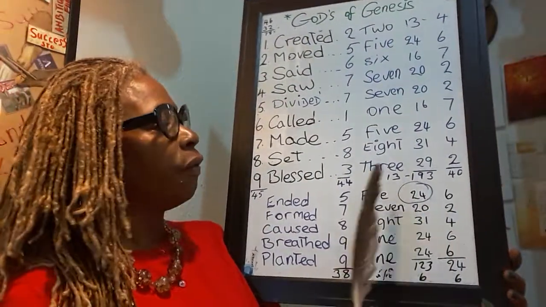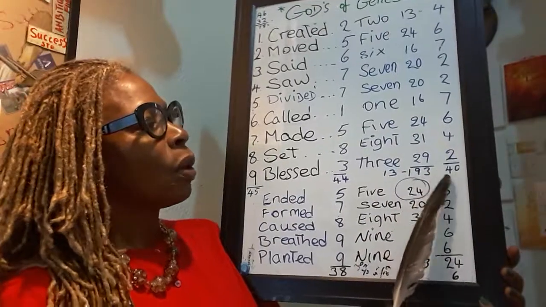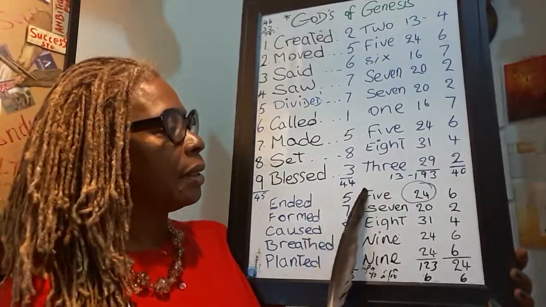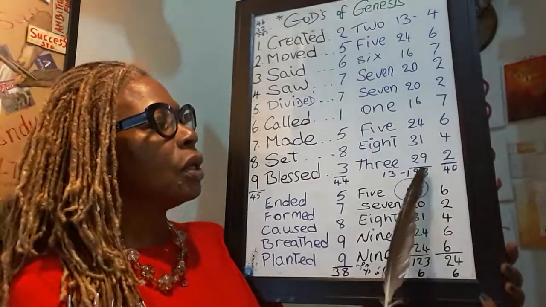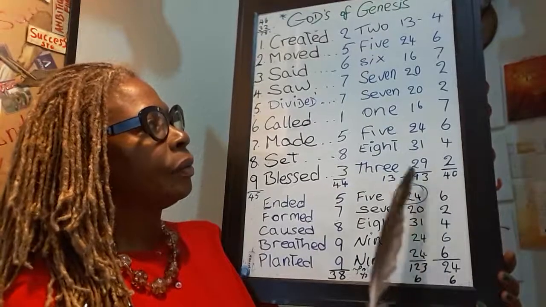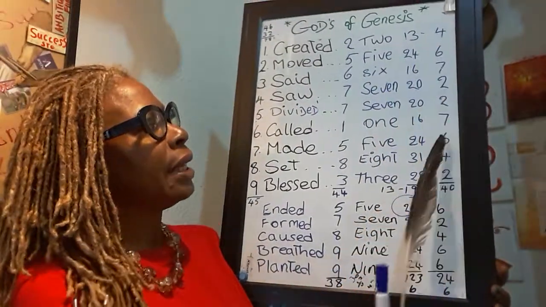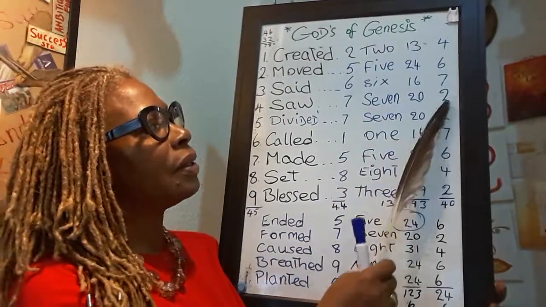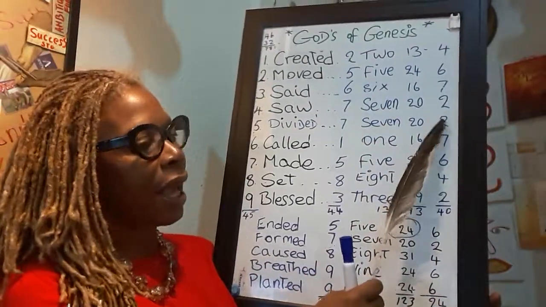We are 4. We are 4 because we have seen that the numerical value for the word 8 gives us 31. So 3 plus 1 is 4. So basically, we need to realize that there is a pattern or a cycle here.